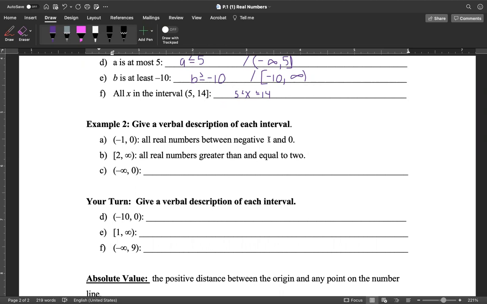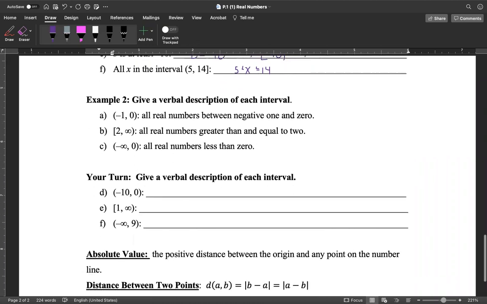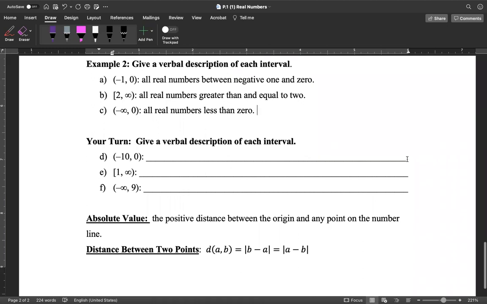I guess technically I should have wrote these out. And finally, C, all real numbers less than 0. Right, so again, pause the video, take a second, try these 3 your turns, and then come back and see if I'm correct.